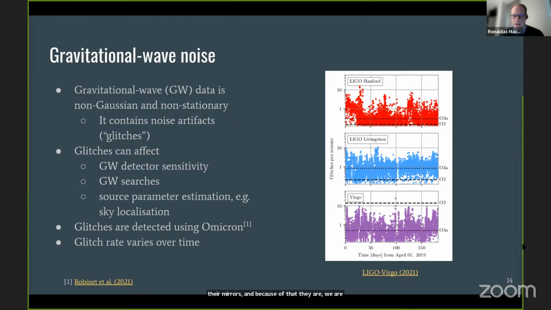For LIGO detectors, that was done previously, so they didn't have that issue in the second or third observing run. So it is important to keep in mind that glitch rate varies over time. It changes from each observing run, and it also changes for each day, essentially.